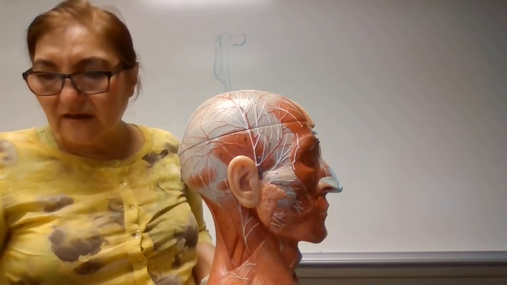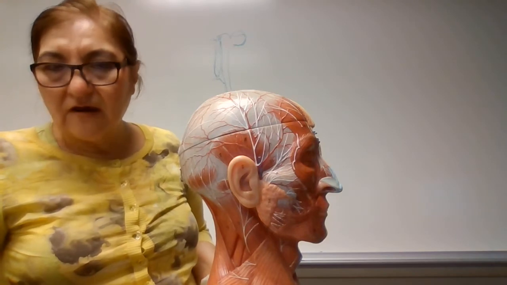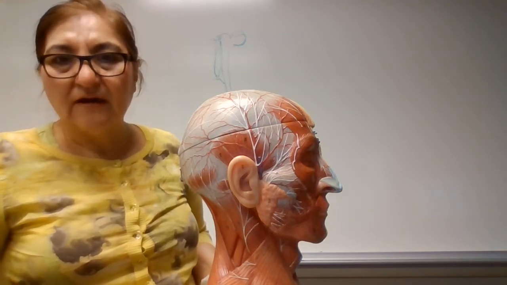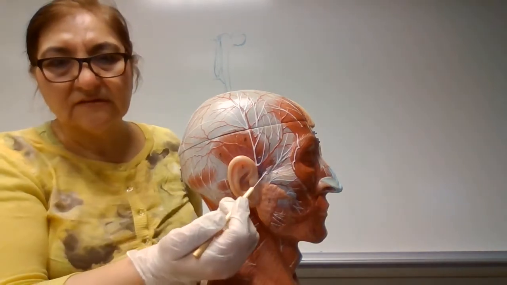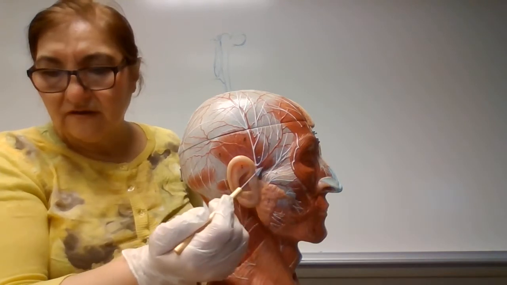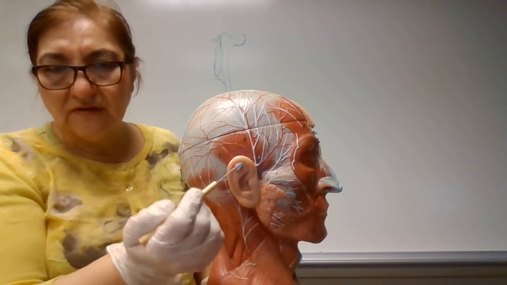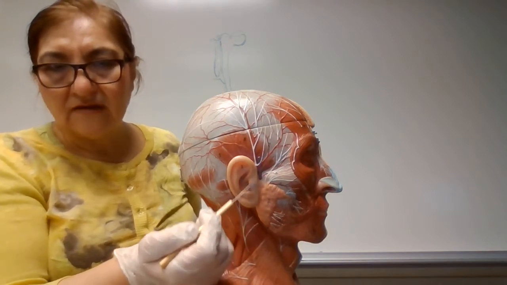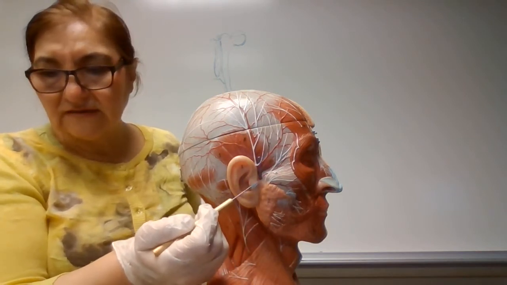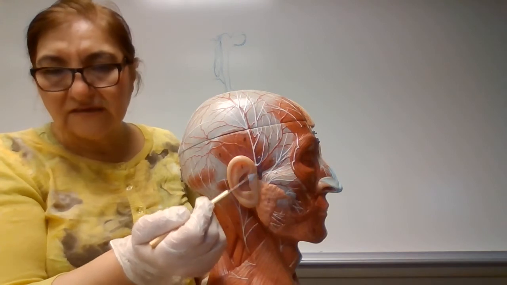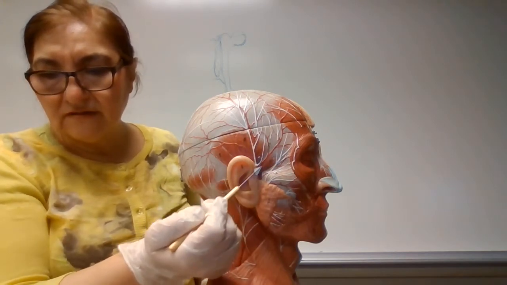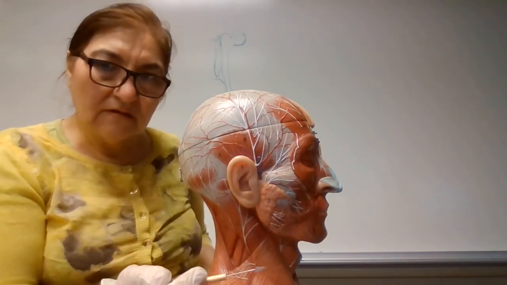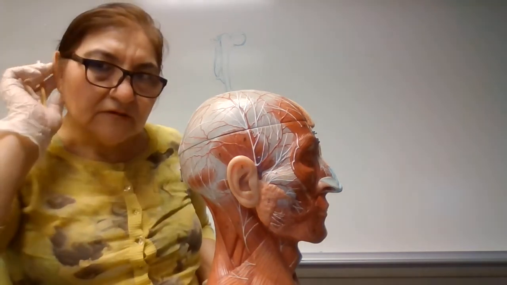Let's talk about the auricularis anterior. The origin is the temporal bone, and the insertion is going to be the helix of the ear. That's the helix, and the action is to draw the ear forward. Actually, we do this.